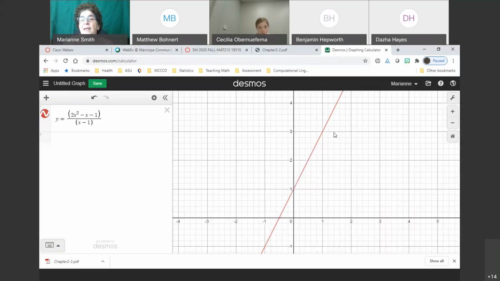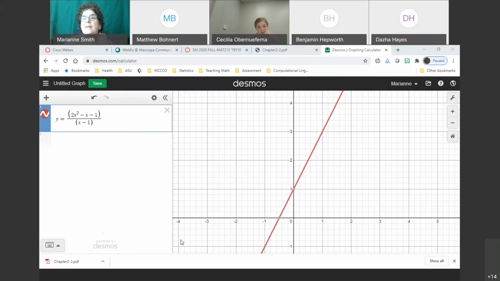I can pull this down, and then I have to click right here. Everybody see undefined? So there's my little hole in the graph. Now this is assuming you remember some stuff from college algebra, and you remember 1 will make that denominator undefined. So everybody good with Desmos? Everybody okay with this?